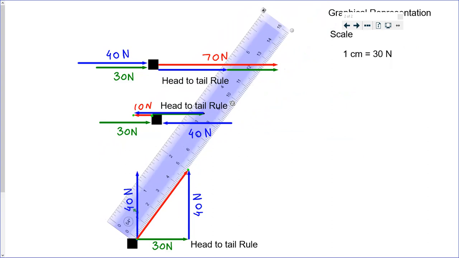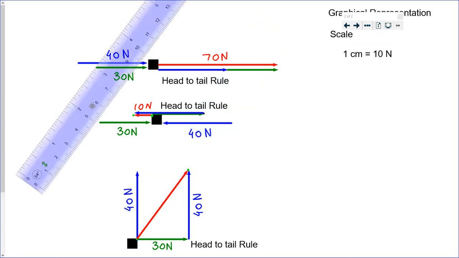On the scale, how many centimeters is the red vector? 5 centimeters. Okay, so what we have called 1 centimeter is 10 Newton, right? So 5 centimeters will be 50 Newton. Got it? So that's why that 5 centimeters we write as 50.